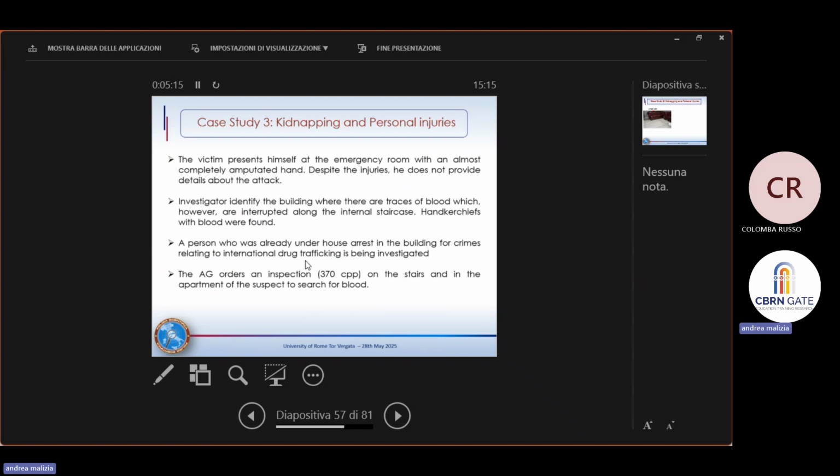The investigators identify the building where there are traces of blood, which are, however, interrupted along the internal staircase. Handkerchiefs with blood were found. A person who was already under house arrest in the building for crimes relating to international drug trafficking is being investigated.